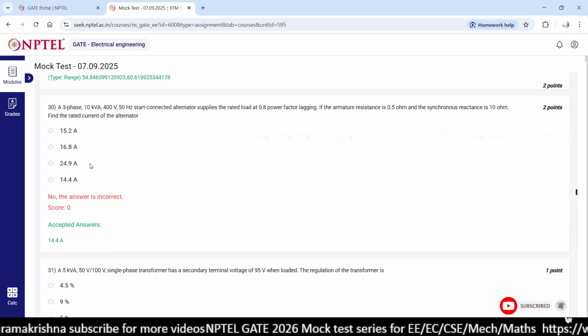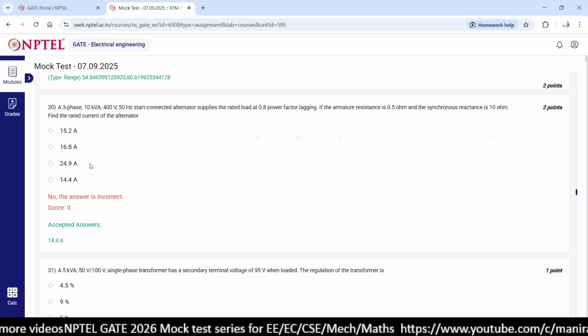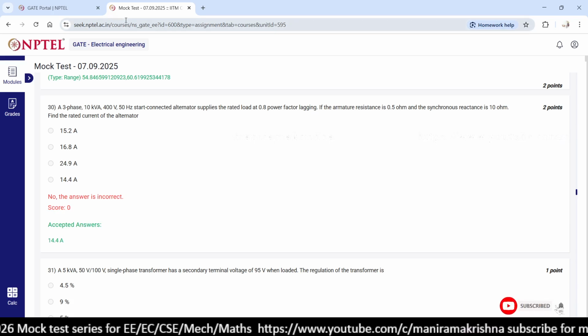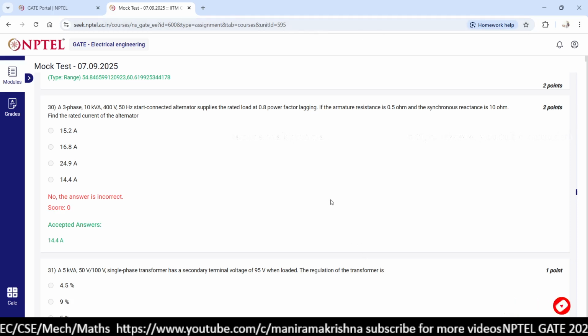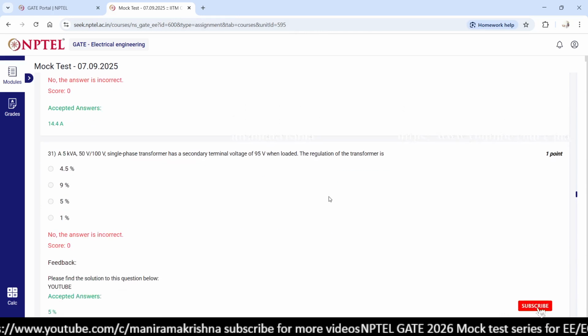Next we'll have the star connected. One more question related to transformers.